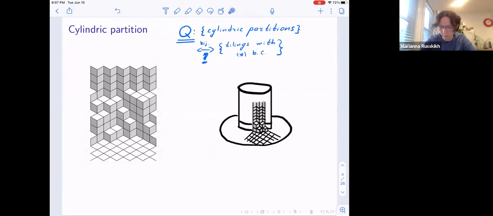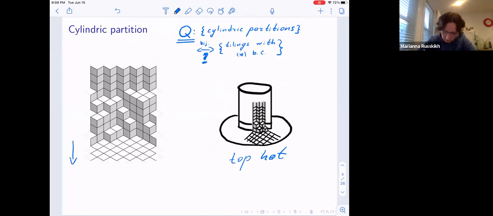If you want to think about a real cylinder instead of a cut one, you can think about a stack of cubes around an infinite top hat. Now the question is whether we also have these nice interpretations with lozenge tilings of the infinite cylinder with some boundary conditions. So what are the boundary conditions in this case?